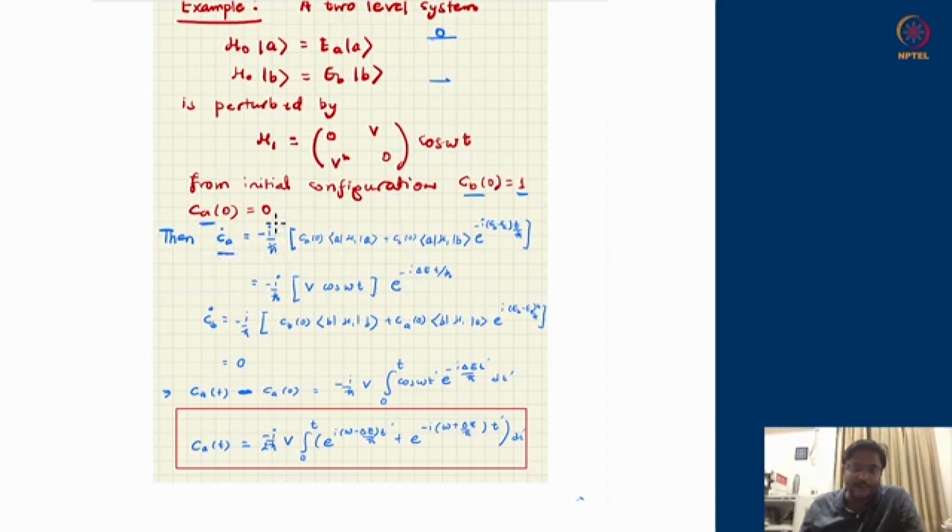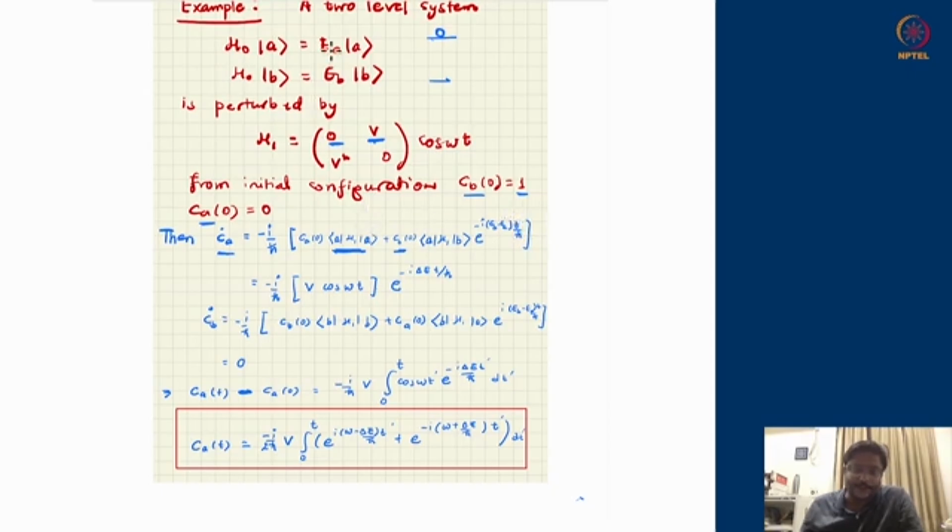Ca dot will be given by minus iota upon h bar, and then Ca of t times the diagonal component of the perturbation Hamiltonian here, and then Cb times the off-diagonal component coming from here, with e to the power minus energy gap between the two states times t upon h bar.